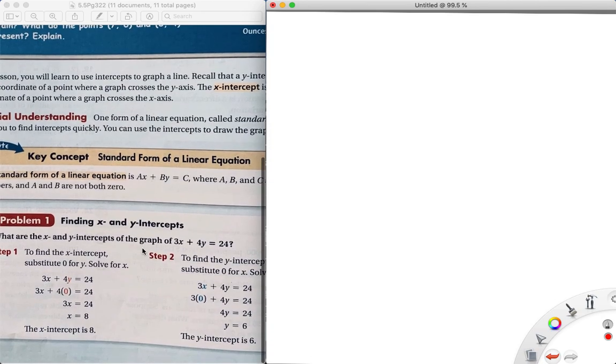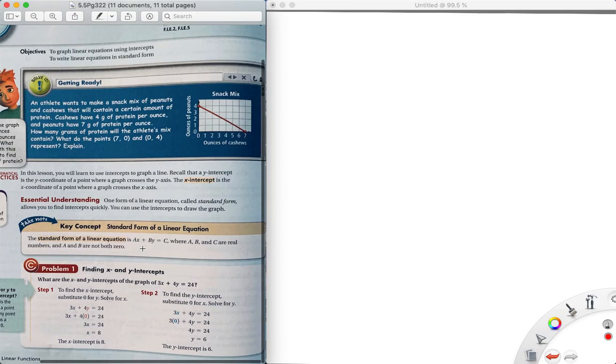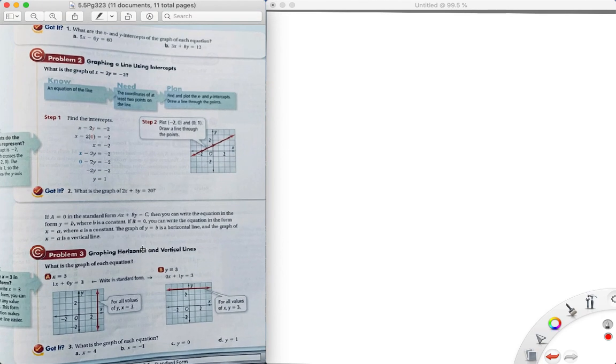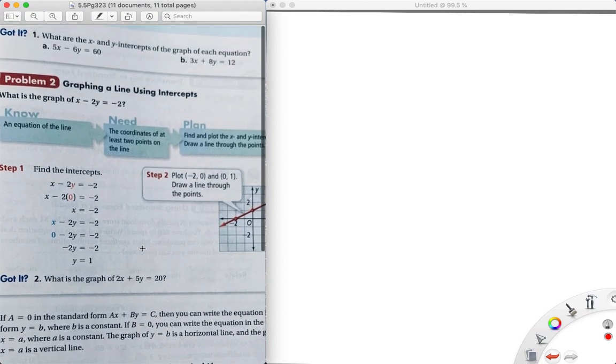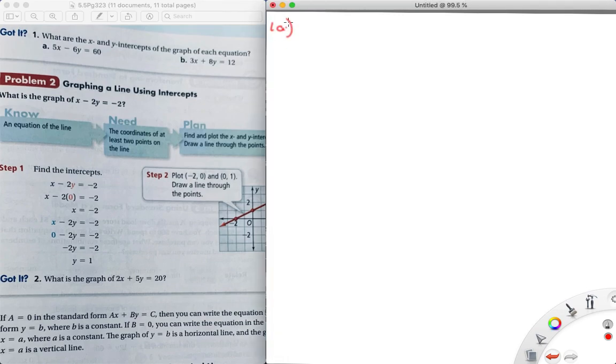So easy way to find the x and y intercept. Super duper easy. They give you the equation here for 1a. We're not graphing. We're just going to find the intercepts. So 5x minus 6y equals 60. Then we want to find the x-intercept.